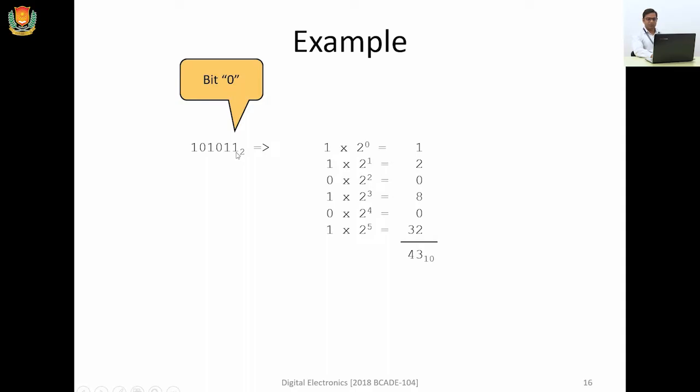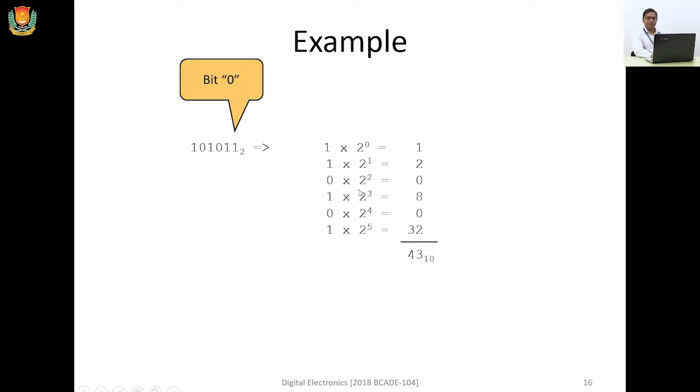The first or unit digit, 1, is multiplied by 2 to the power 0, and the result is 1, because 2 to the power 0 is 1 and 1 multiplied by 1 is again 1. The next 1 is multiplied by 2 to the power 1, that is 2.